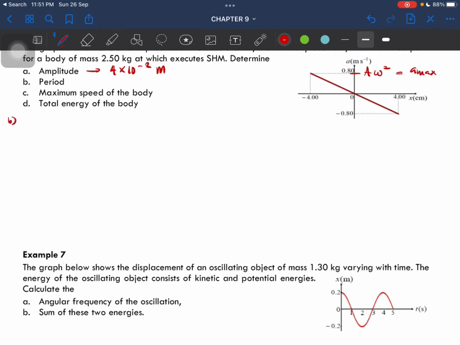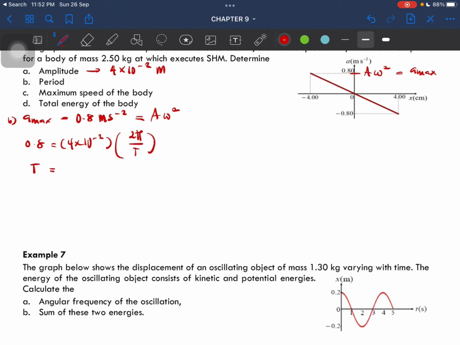So the maximum acceleration is 0.8 meter per second square, and the formula is amplitude times omega square, where omega is equal to 2 pi over T, so 4 times 10 negative 2.